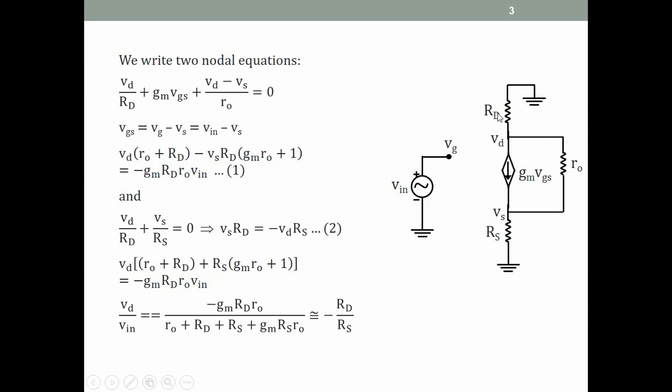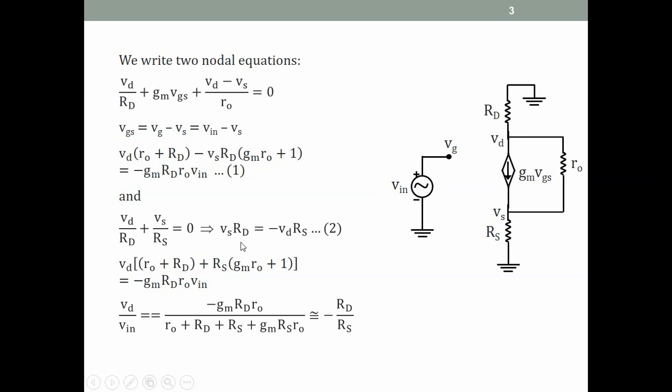In fact, this is the total drain current. So this current is equal to this current. This current divides between two branches and then joins back here and flows here. So we can say that VD by RD plus VS by RS is equal to 0 because these two currents are equal and opposite. So that simplifies our analysis. It also gives us a direct relationship between VD and VS, which we'll utilize in just a minute.